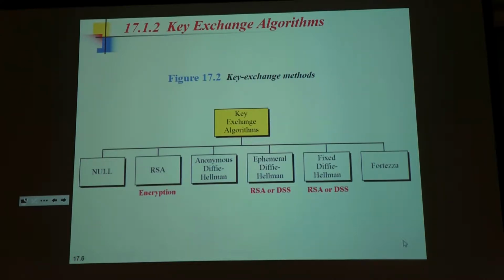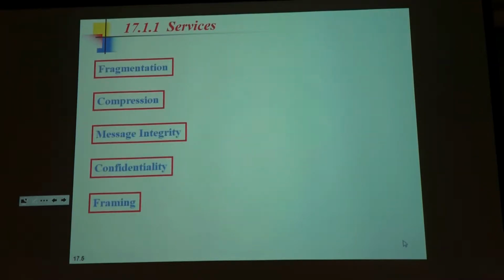That includes a key exchange algorithm, because for all of these functions you need to have keys. For example, for confidentiality the source has to use a key, and the destination has to use the same key for the decryption if it's symmetric encryption.